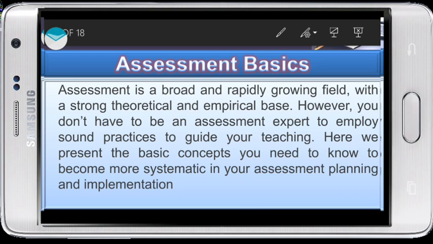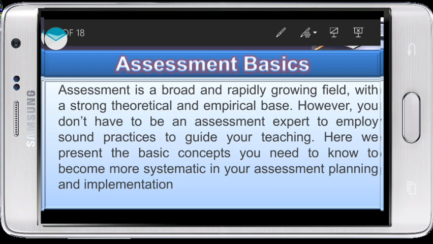Okay? However, you don't have to be an assessment expert to employ sound practices to guide your teaching. You don't have to be that veteran. You don't have to be very good at assessing to guide your teaching.